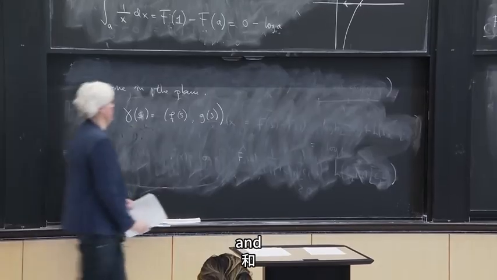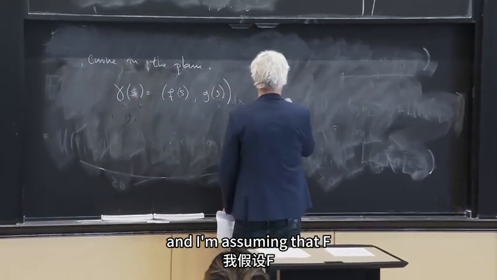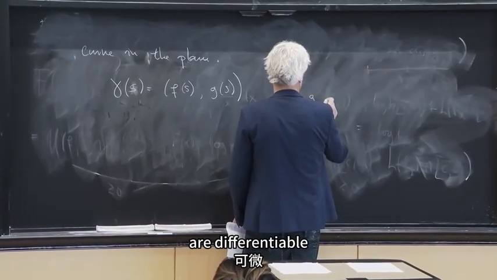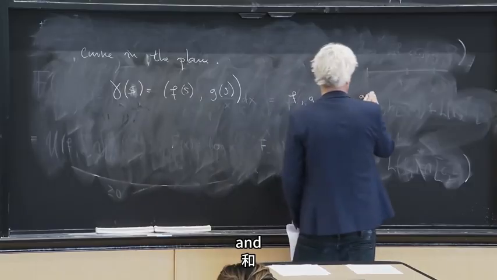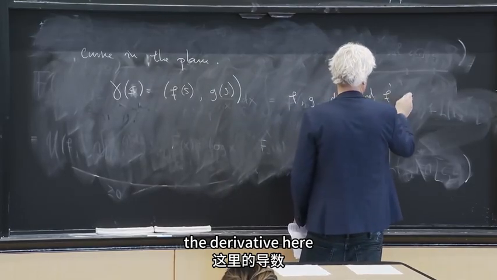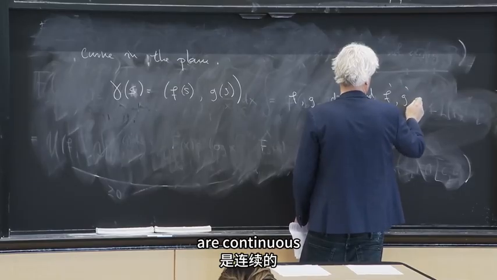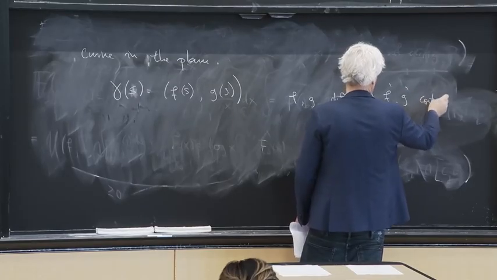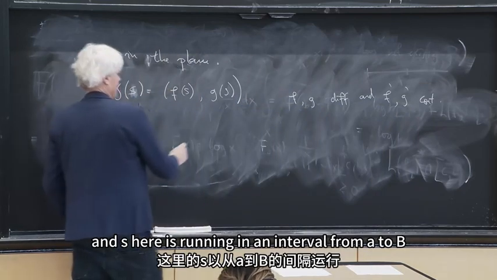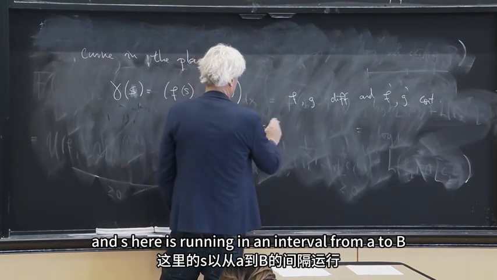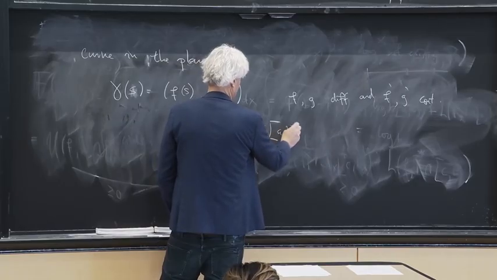and I'm assuming that f and g are differentiable, and the derivatives are continuous. So suppose I have such a curve, and s here is running in an interval from a to b.